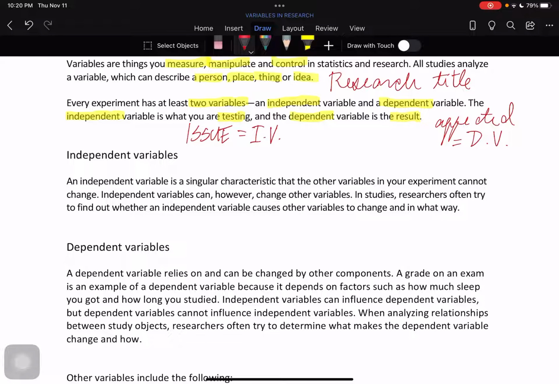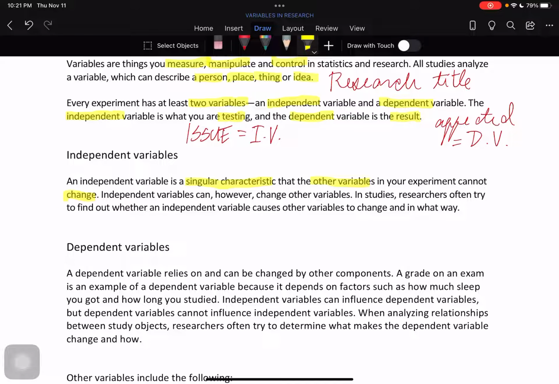Now, in a more detailed definition and characteristic, an independent variable is defined as a singular characteristic that other variables, because there are more variables other than independent and dependent variables used in research, but we are not going to comprehensively discuss them in this video, but I am going to present them later on, in your experiment cannot change.